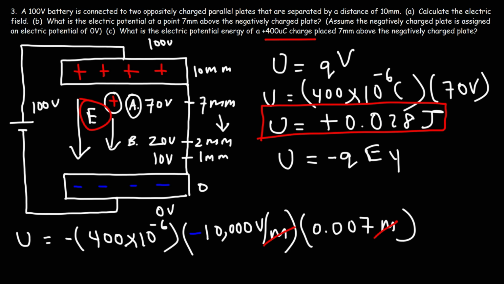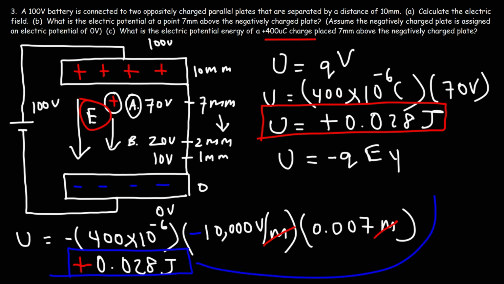So it's negative 400 times 10 to negative 6 times negative 10,000 times 0.007. And this gives you the same answer, positive 0.028 joules. So both formulas work.